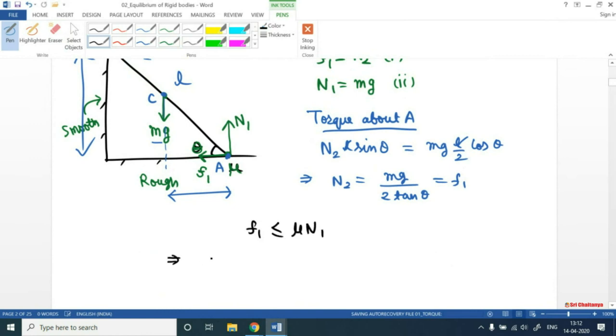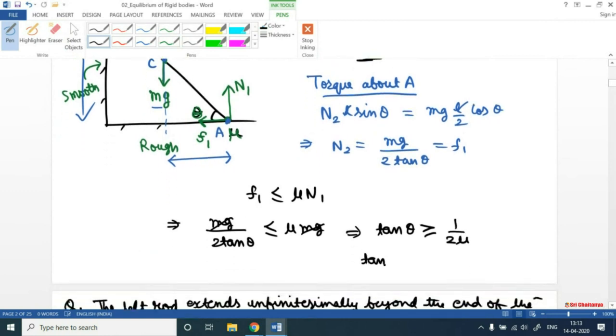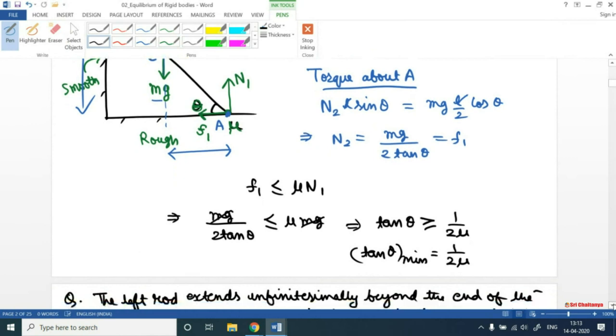F1 we have already calculated, mg by 2 tan theta, and that has to be less than or equal to mu N1, and N1 is equal to mg over here. So we can say that tan theta is greater than or equal to 1 by 2 mu. So the minimum value of tan theta is equal to 1 by 2 mu. So that is a simple question.